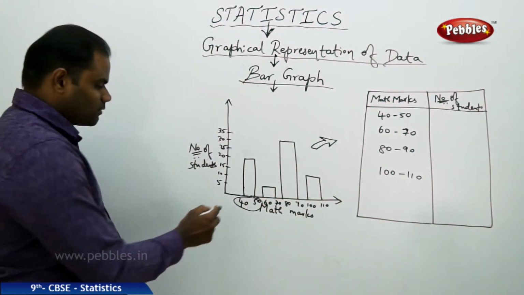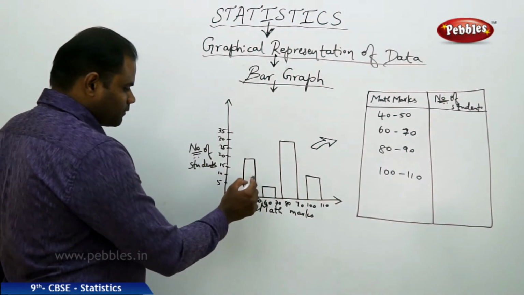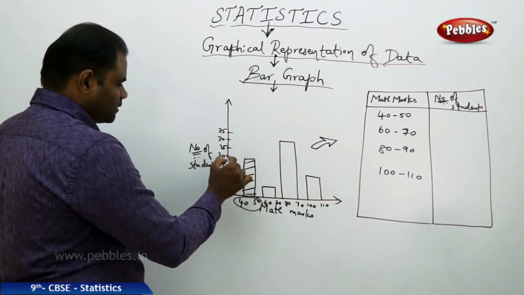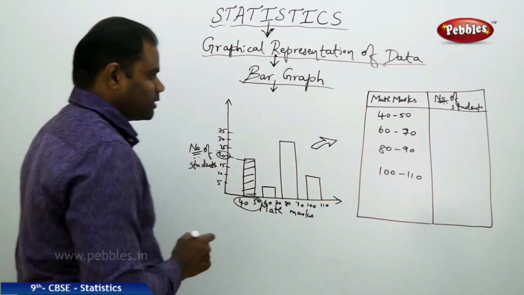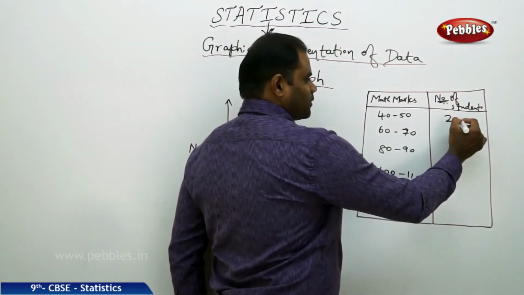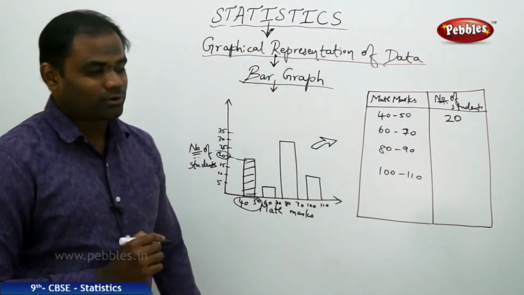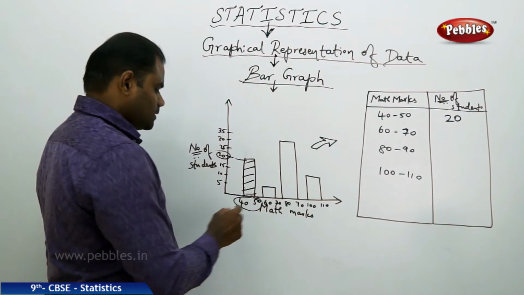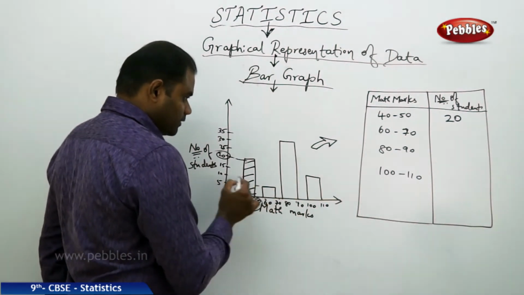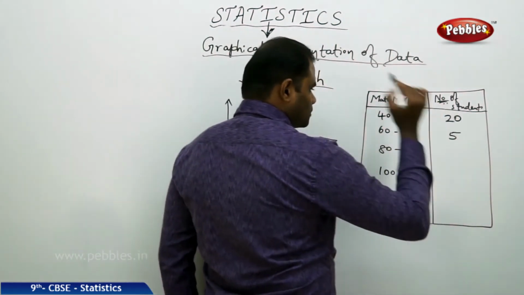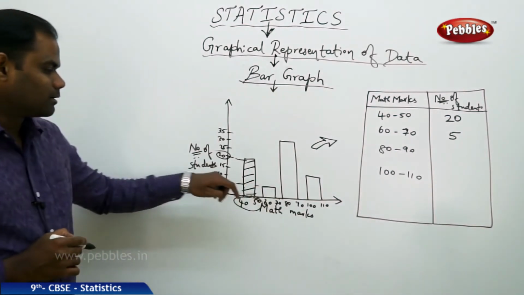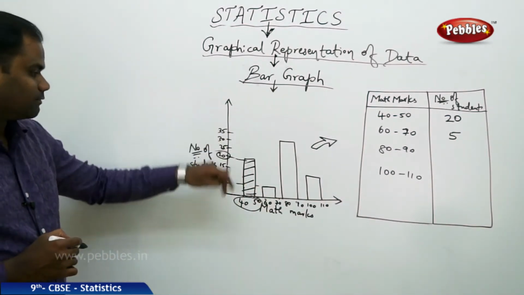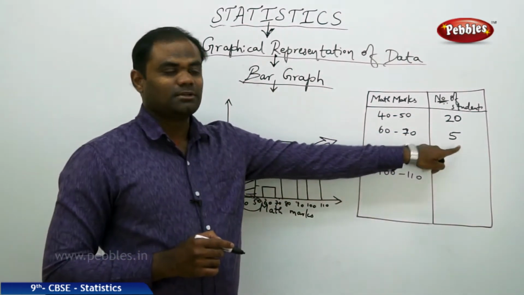The number of students who got marks between 40 and 50 is an elevated bar which reaches up to the value 20. That means there are 20 students who got marks between 40 to 50. The 60 to 70 gets elevated up to 5. So I see the tip of the bar touching the value on the y-axis, which gives me the number of students being 5.